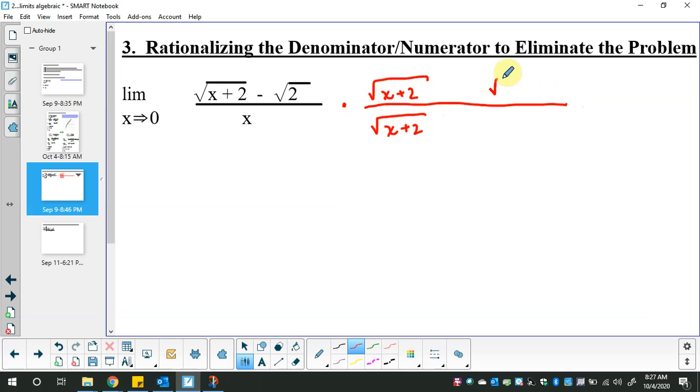So you want to take the whole level, so in this case the numerator, you want to multiply by the exact same roots, so keep your contents the same, but have a plus sign instead. So that sets you up for a difference of squares looking thing, and because it's the same on the top and the bottom, you are just multiplying by 1.